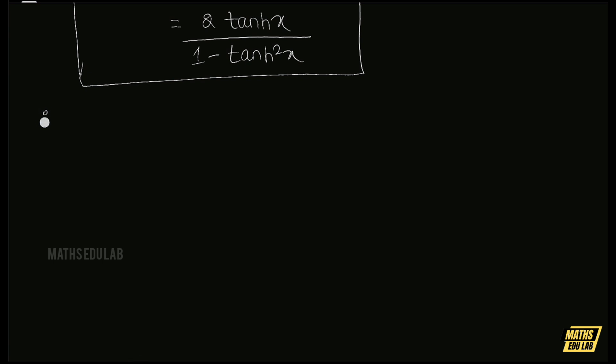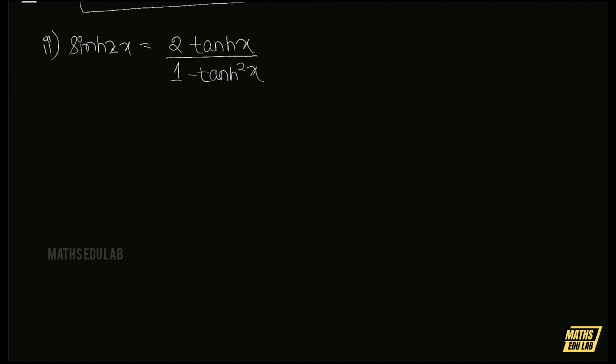So the next, second one, is sine hyperbolic 2x is equal to 2 tan hyperbolic x upon 1 minus tan hyperbolic square x. For this we will solve from the left hand side. What is there in the left hand side?